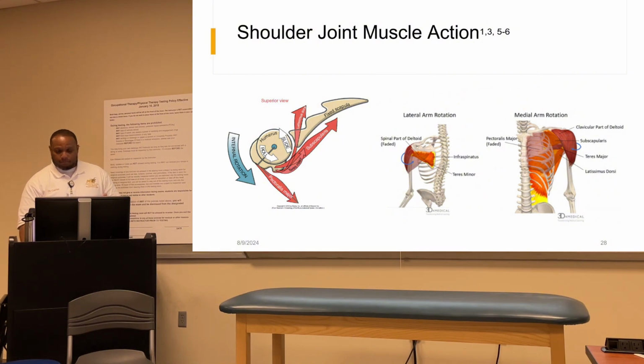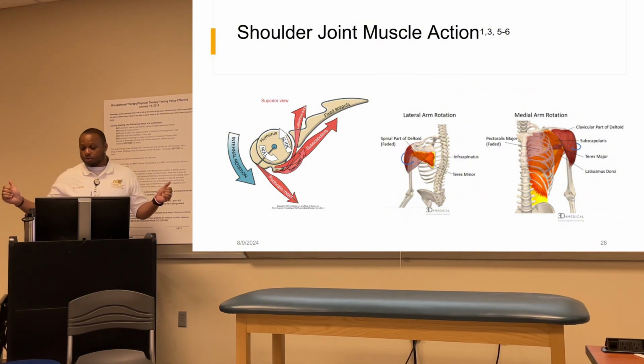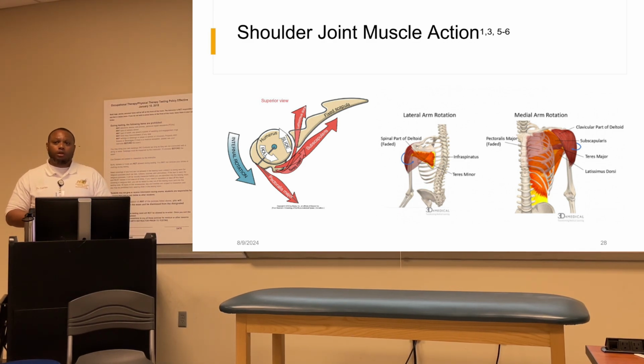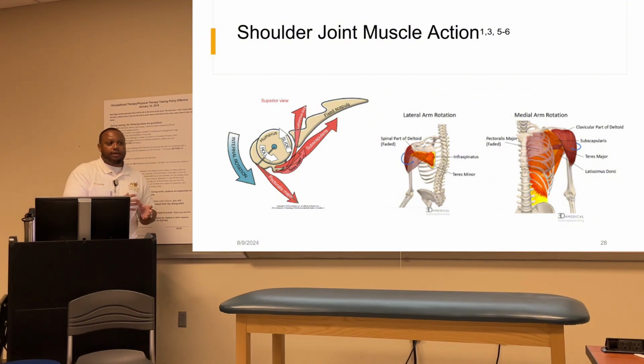We're looking at the internal rotation being subscapularis and teres major, also latissimus dorsi. So if latissimus dorsi is taut, it can also limit external rotation, right? So now we know when our patient presents with a limitation in range of motion, we need to be checking the antagonistic muscles to that movement.